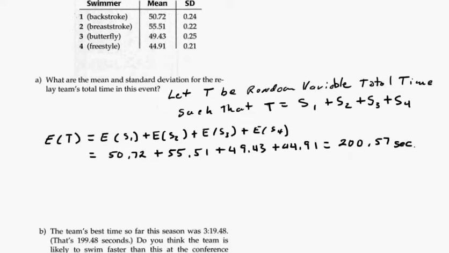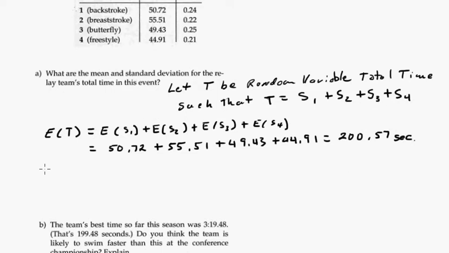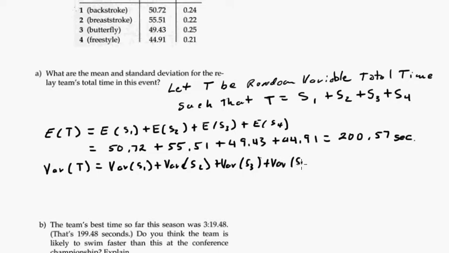Now they want to know what's the standard deviation. Let's start with the variance. The variance of T is just going to be the variance of S1 plus the variance of S2 plus the variance of S3 plus the variance of S4.